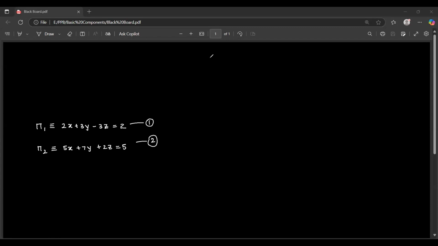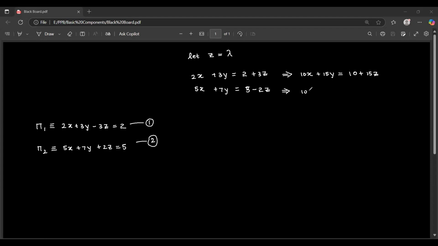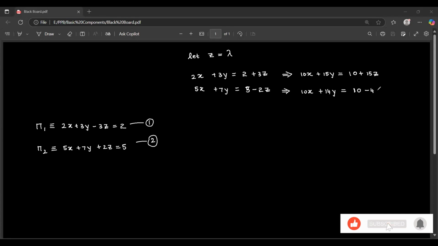Let z equal lambda. So here I can say 2x plus 3y equals 2 plus 3z, 5x plus 7y equals 5 minus 2z. This can be rewritten as 10x plus 15y equals 10 plus 15z, and this can be written as 10x plus 14y equals 10 minus 4z.